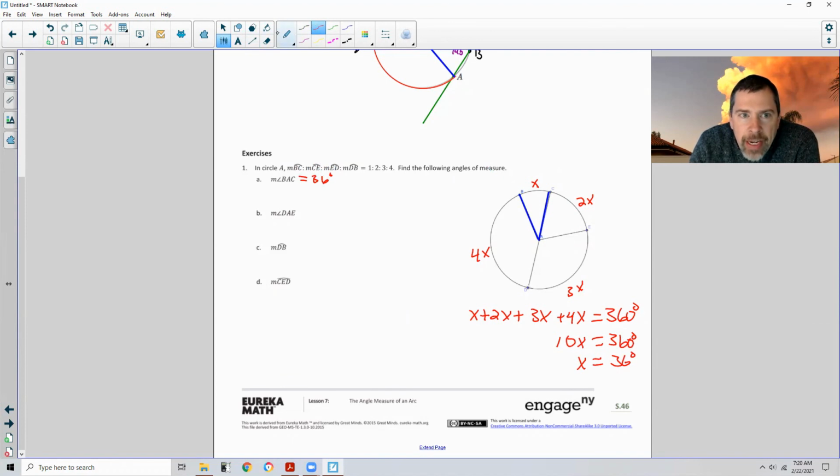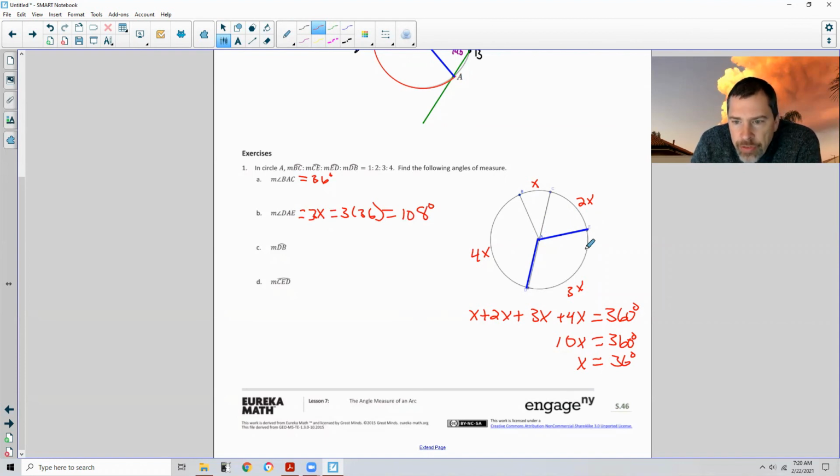The measure of angle DAE, so I'm going to rotate this around to here. DAE is right here, so that is intercepting the 3x. So the measure of angle DAE equals 3x, which equals 3 times 36, which equals 108 degrees.